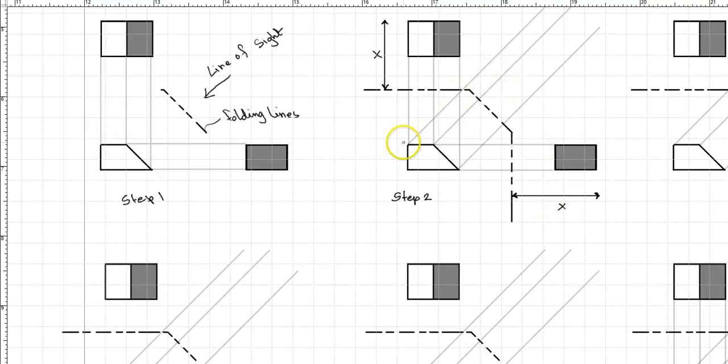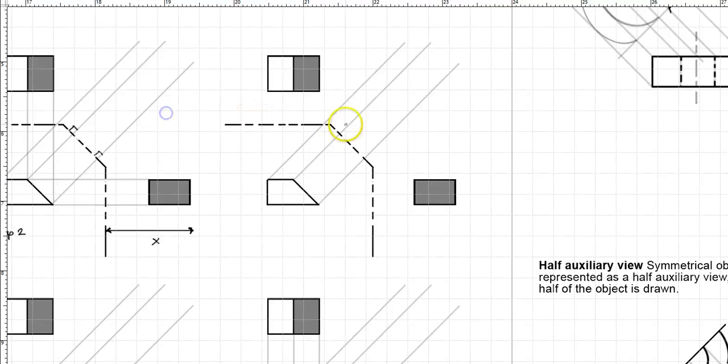We have to project our lines, guidelines, at an angle of 90 degrees to the inclined surface. That is extremely important. And once we do that, we project our lines in step 3. Now all this could be done in a couple steps, but we're just trying to learn how to go about doing our auxiliary views.